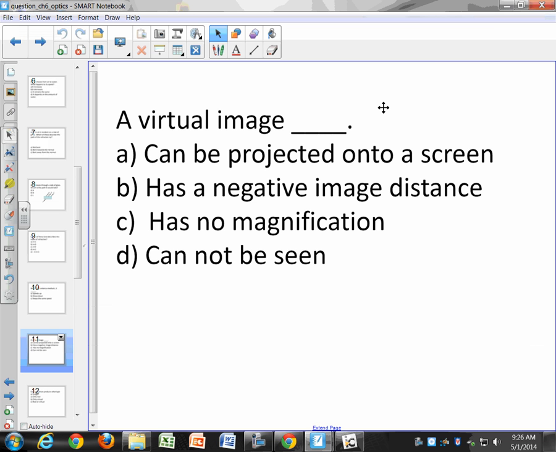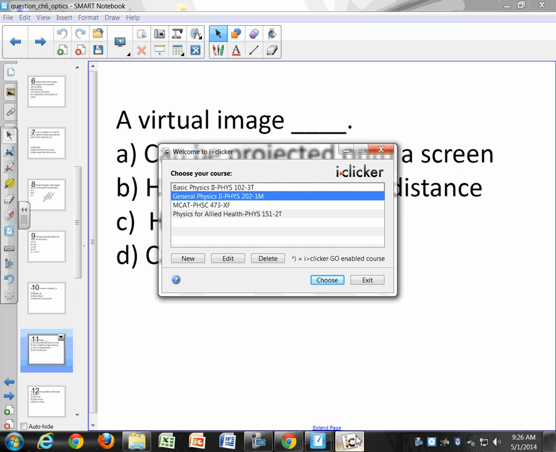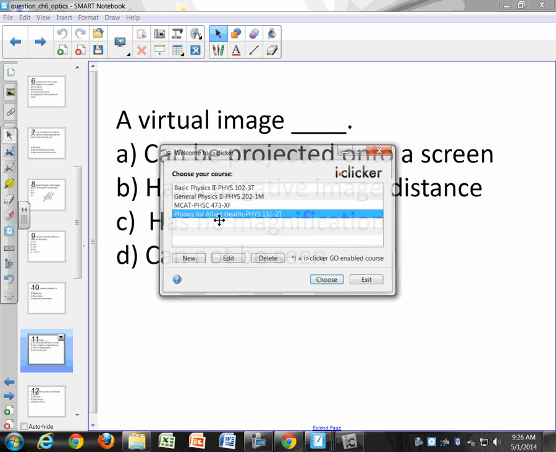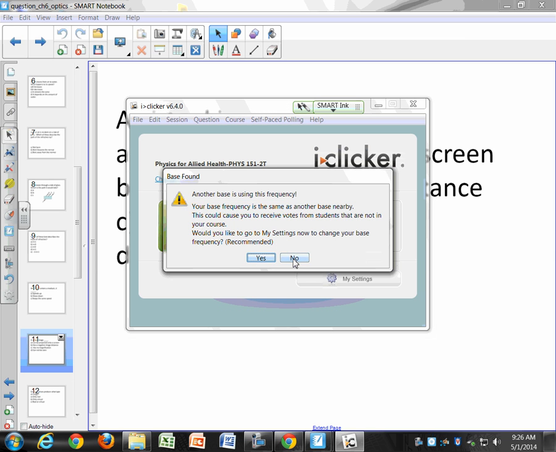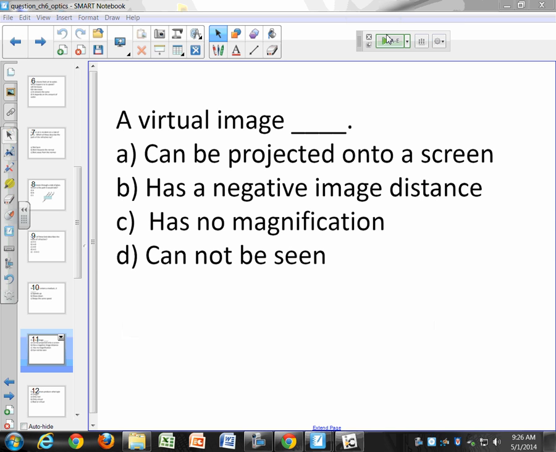A virtual image can be projected onto a screen, has a negative image distance, has no magnification, or cannot be seen. Just a second, my clicker's not up yet. Okay, virtual image is which of these?